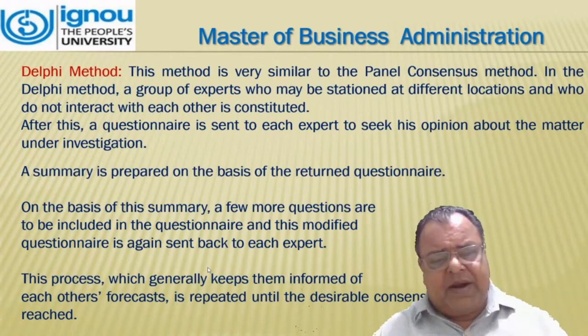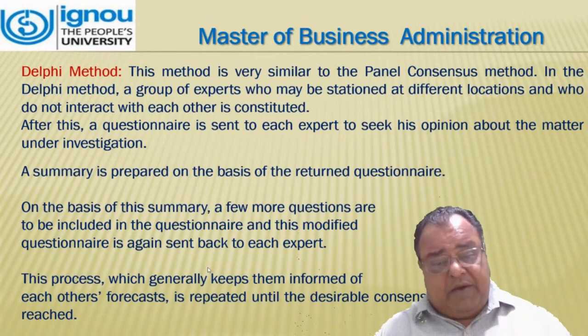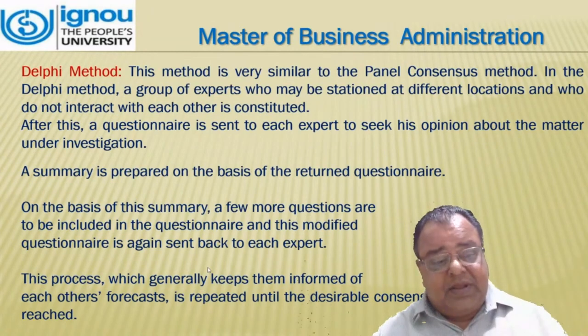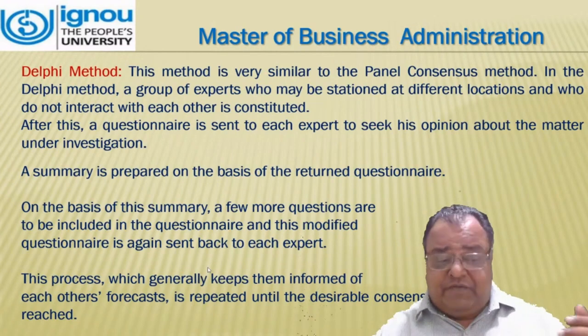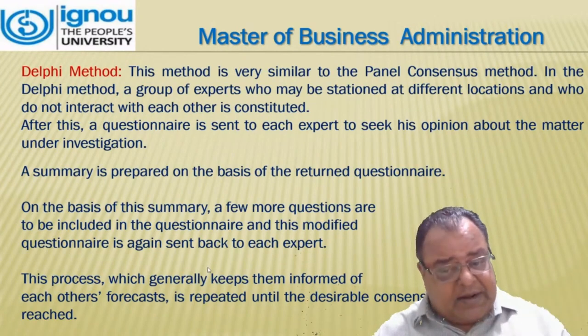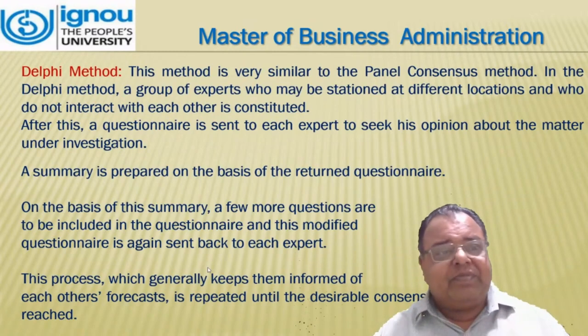A summary is prepared on the basis of written questionnaires from the experts. On the basis of the summary, a few more questions are included in the questionnaire, and this modified questionnaire is again sent back to the experts. This process, which generally keeps them informed of each other's forecasts, is repeated until a desirable consensus is reached.